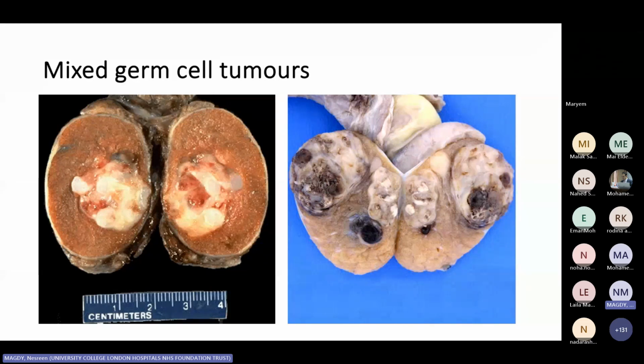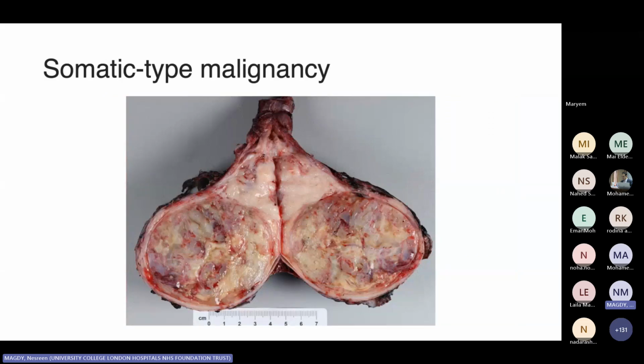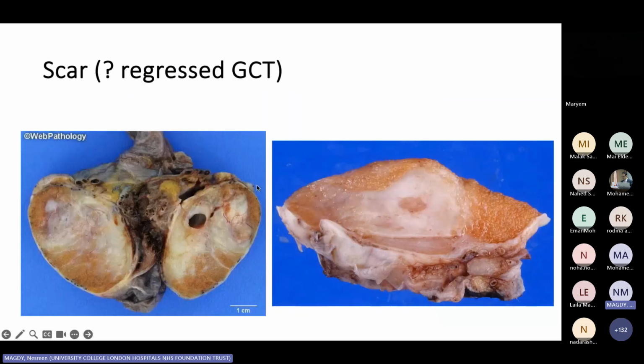And in teratomas with somatic type malignancy, which are most commonly soft tissue sarcomas, we see some fleshy whitish areas looking like a soft tissue sarcoma.